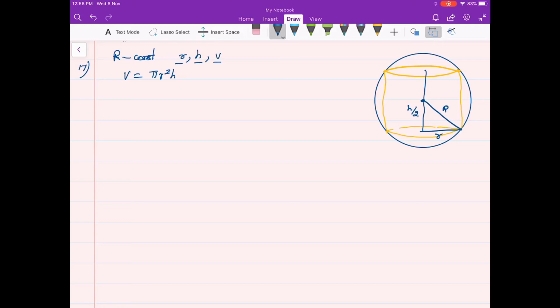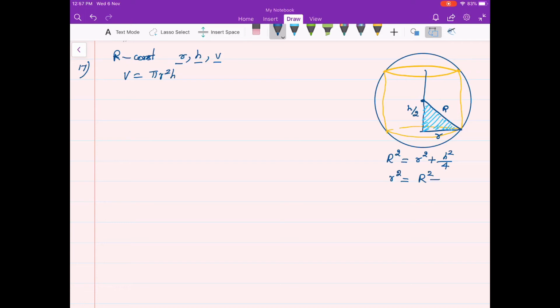Let us make use of this right triangle. In this right triangle, use Pythagoras theorem. Hypotenuse is R. So, R square is small r square plus h by 2 the whole square, which is h square by 4. Substituting for r square will be better.